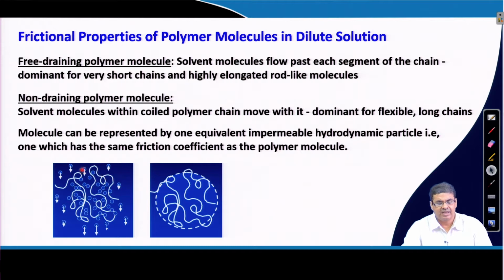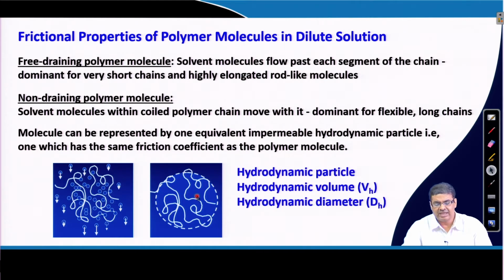So, in this case we are considering an equivalent rigid or impermeable hydrodynamic particle which has the same frictional coefficient as a real coiled polymer chain which moves along with the solvent molecules. Now, for this hydrodynamic particle we have a corresponding volume which we call hydrodynamic volume, represented as Vh, and we have corresponding hydrodynamic radius and hydrodynamic diameter.